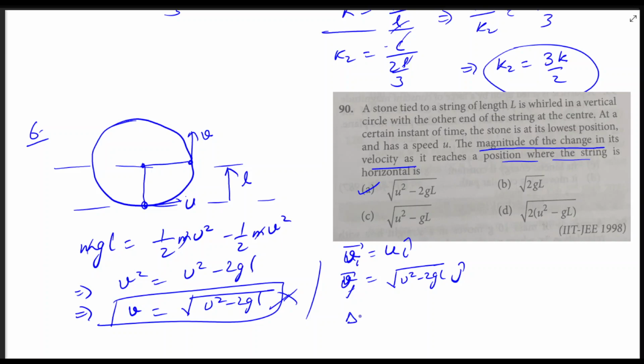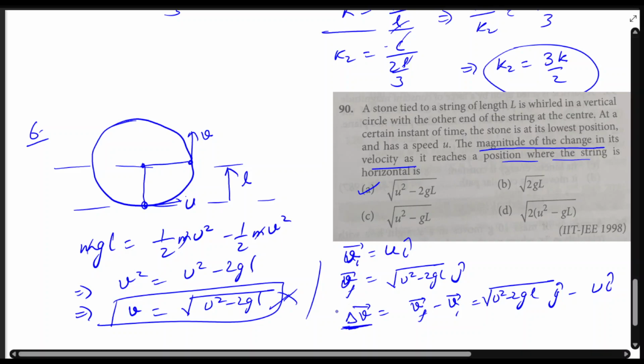So change in velocity will be v final minus v initial, right? So it will be root of u square minus 2gL j cap minus u i cap. And now we have to find the magnitude of this change in velocity.